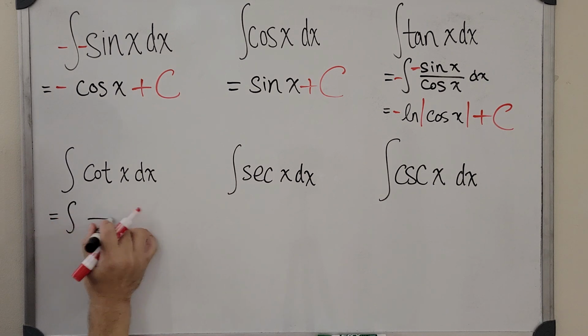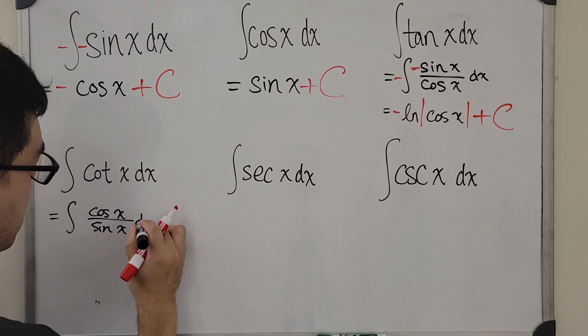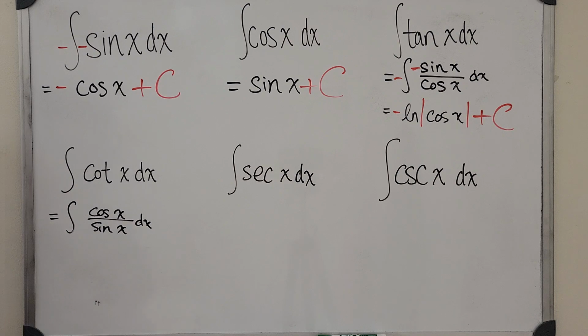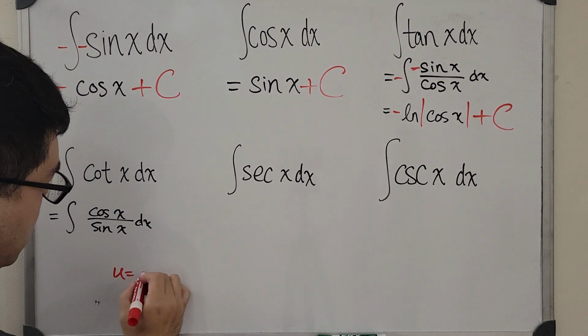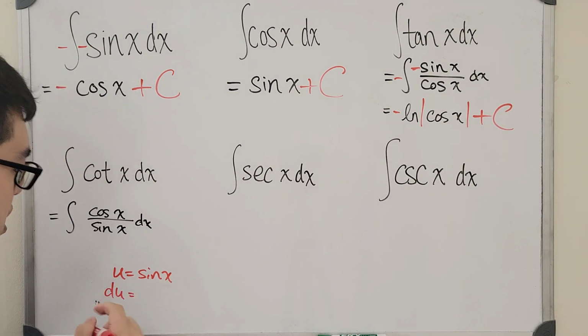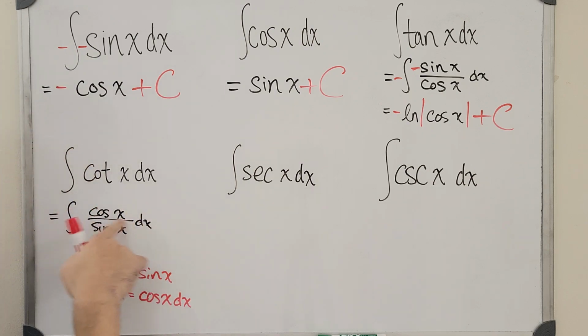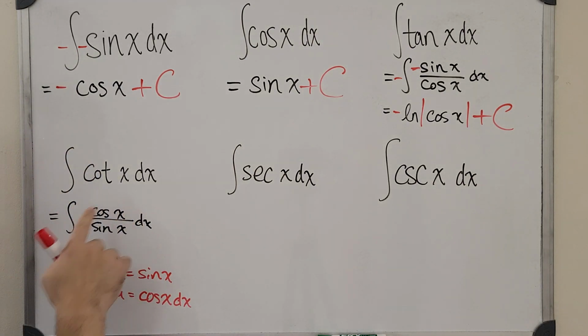So for our next one, we're going to play the same game. First, we're going to rewrite cotangent as cosine of x over sine of x. And then, of course, there's a dx. Then if we do a u sub by letting u be the denominator, sine of x, du will just be cosine of x dx. So that now we actually end up with integral of du over u.